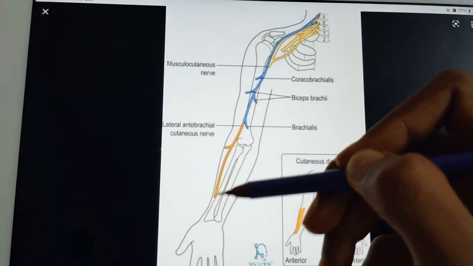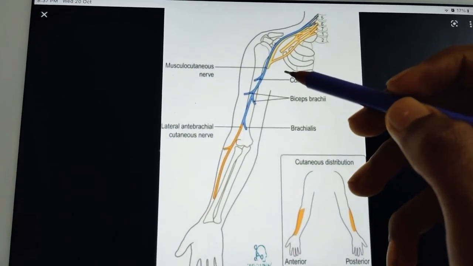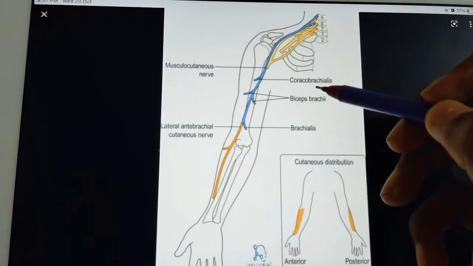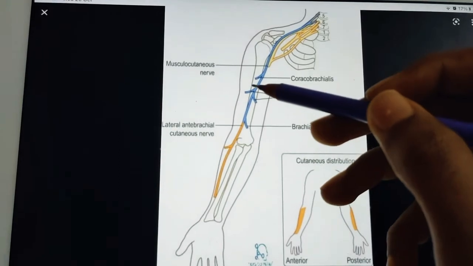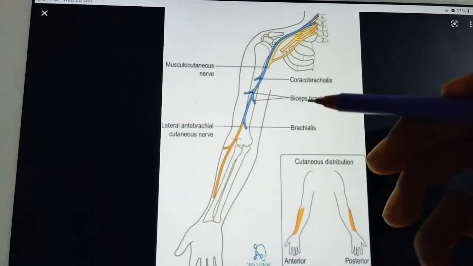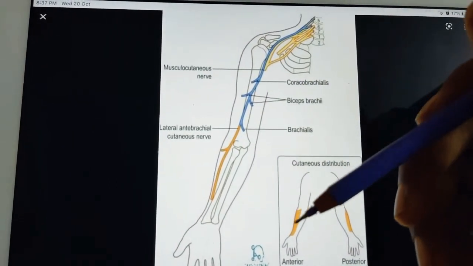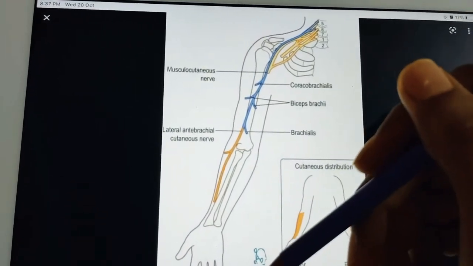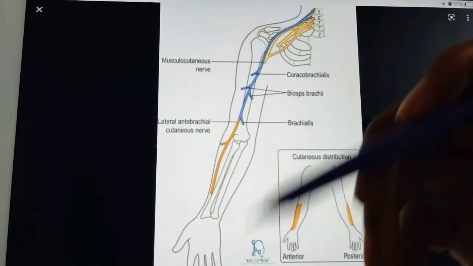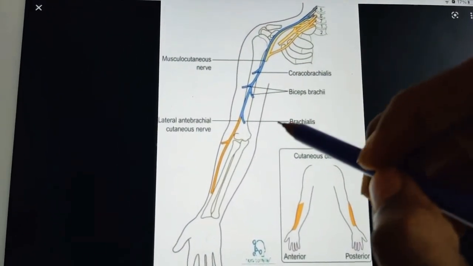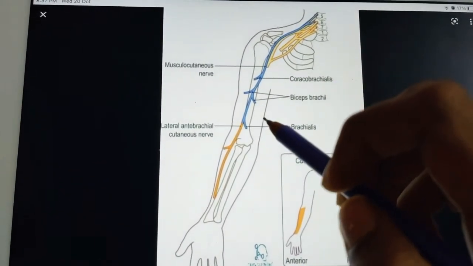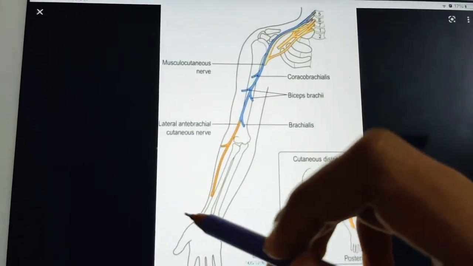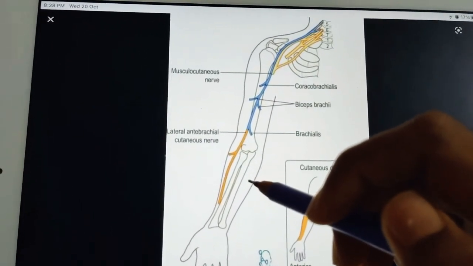One thing you need to remember: the musculocutaneous nerve will pierce the coracobrachialis, and one more important thing, it will go posterior to the biceps brachii. It will not go above the biceps brachii, it will go below the biceps brachii, but it will go above the brachialis. So it goes above the brachialis, below the biceps brachii, pierces the coracobrachialis, and finally continues as the lateral cutaneous nerve of the forearm, right?